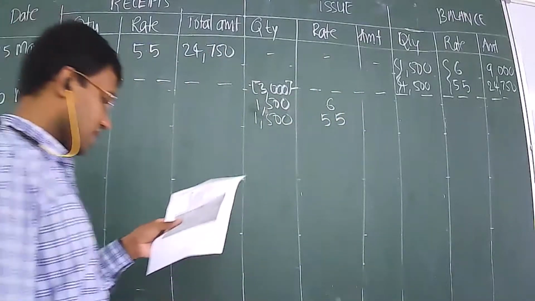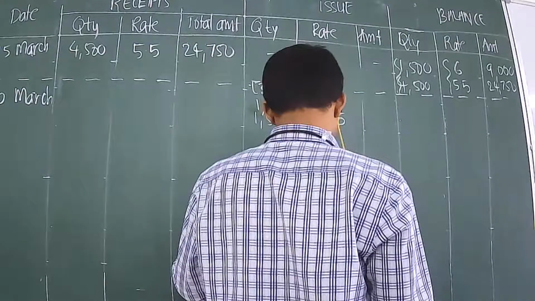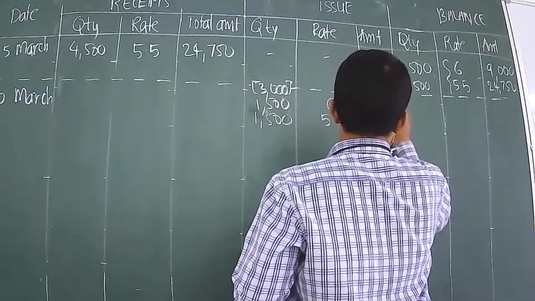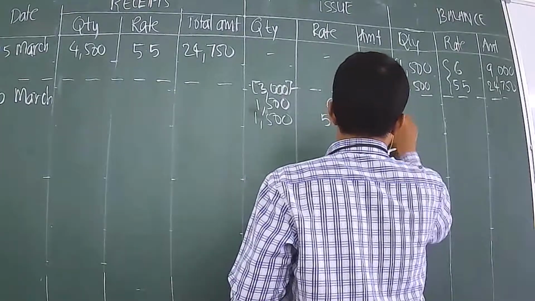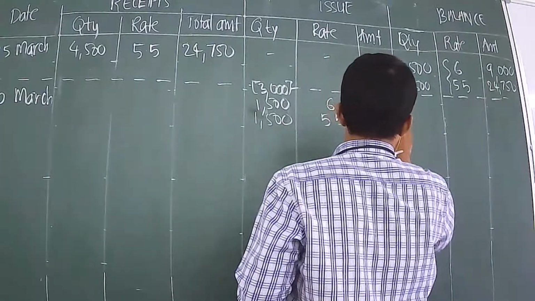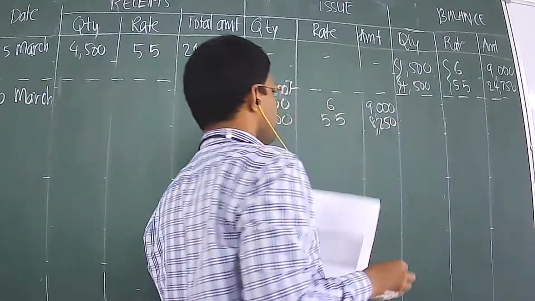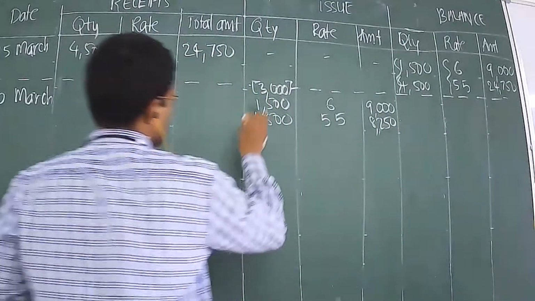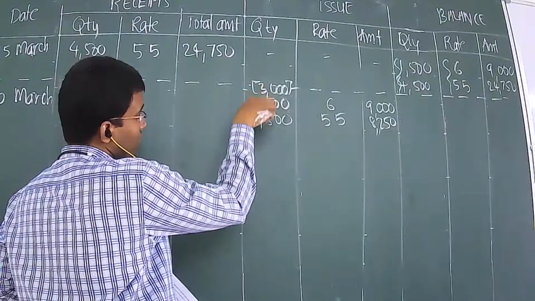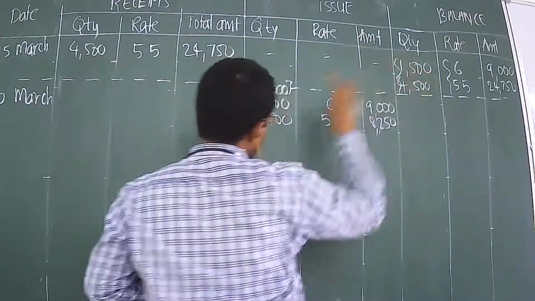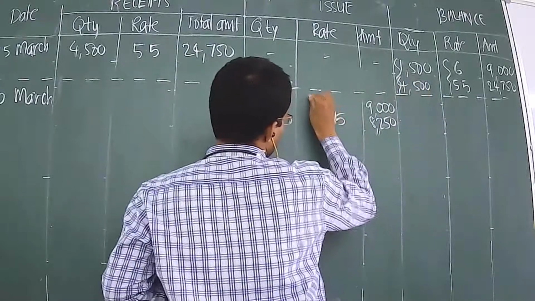So this was 9,000, and then this was 8,250. So 3,000 out of 3,000, that was your need. The first 1,500 came from here, and the remaining 1,500 came from here.